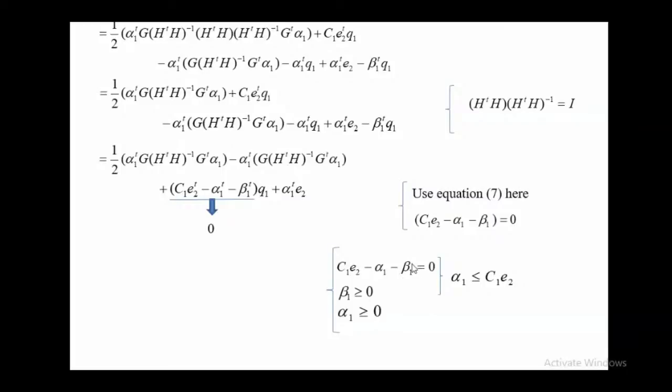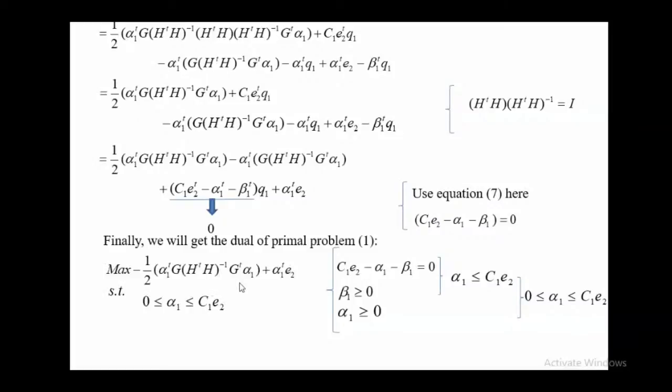So you can combine these inequalities and write it in this manner. Ultimately we have this formulation: this is your objective function under these constraints. The constraint on alpha 1 is 0 less than or equal to alpha 1 less than or equal to C1.